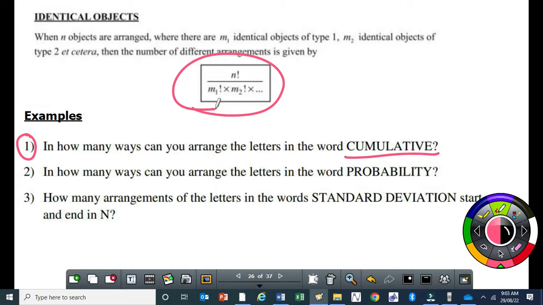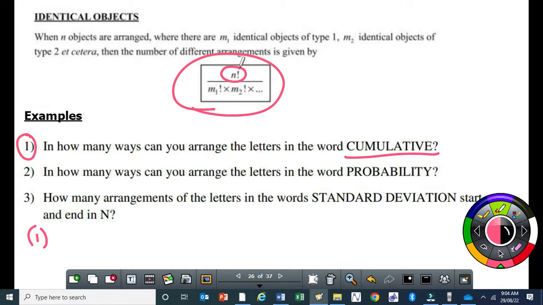We'll use this formula, which is part of the counting principle. Because we have identical letters, we are counting the letters twice. So this n factorial also includes the identical letters, and we have to divide by the product of the letters that are identical. Then we can eliminate double counting.